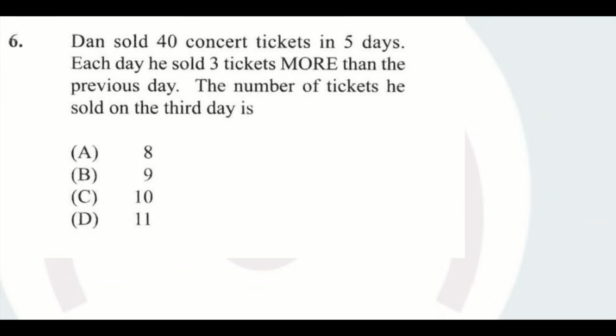Dan sold 40 tickets in 5 days. Each day he sold 3 tickets more than the previous day. The number of tickets he sold on the third day is... Now let's assume that it's a 5-day work week. So Monday, Tuesday, Wednesday, Thursday, Friday.